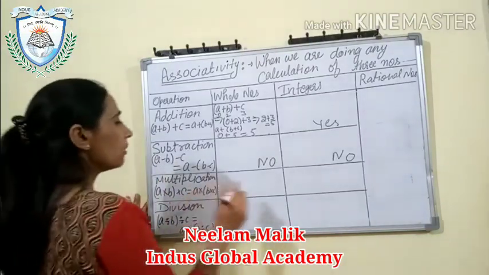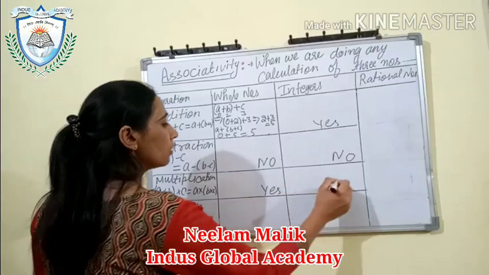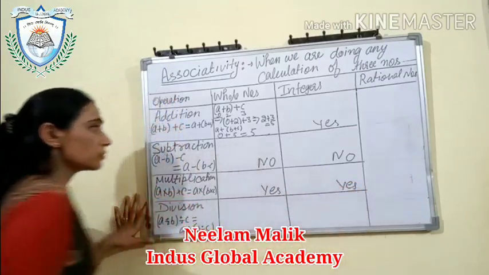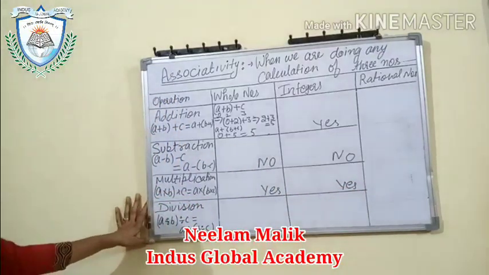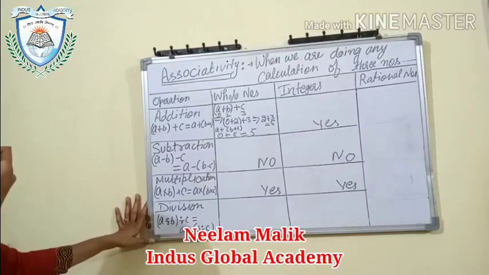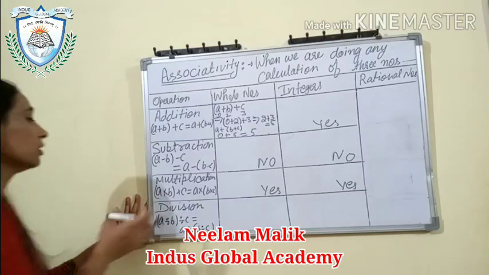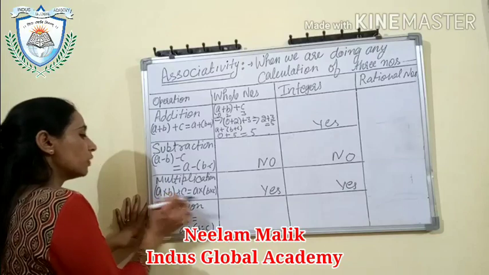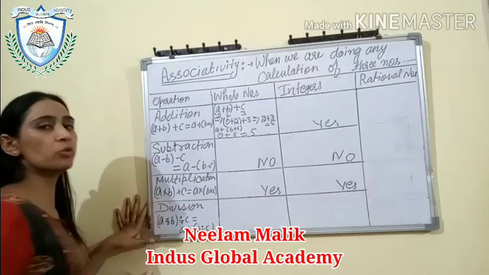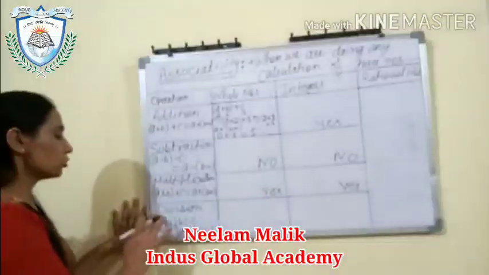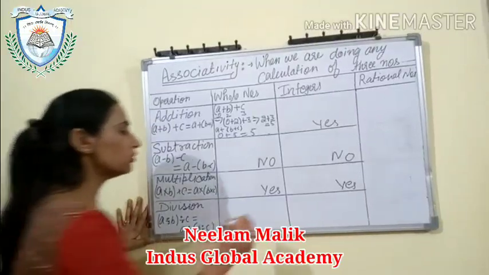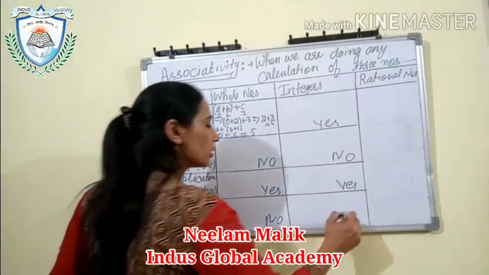Okay, in multiplication it will be true if you change the order of the numbers. In all the cases you will get the same answer, whether you are doing these two first or these two. Okay, for division it will not be true.